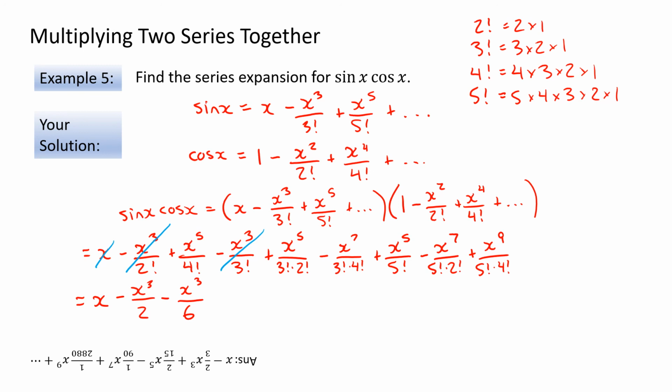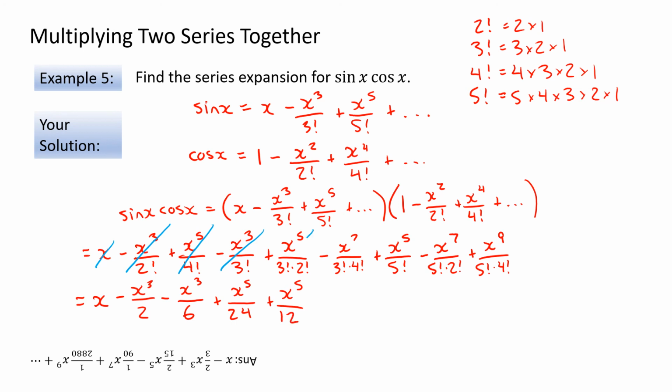Next, I would look for x to the exponent 4, which there are not any, but there's x to the exponent 5. So starting with that, I have plus x to the exponent 5. In this case, the first one's divided by 4 factorial, which is 24. So that crosses out that term. Then I have x to the exponent 5 divided by 3 factorial times 2 factorial, which if you write that out gives you plus x to the exponent 5 divided by 12.